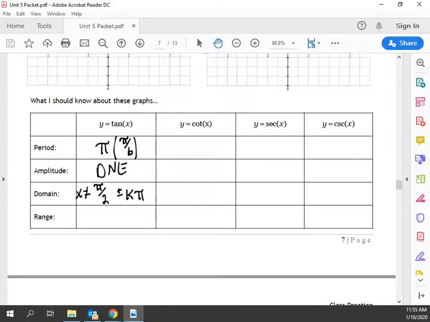That's what that means. Same thing goes on the negative side. So you can go negative 3 pi over 2, negative 5 pi over 2, and that's why the plus or minus is there. All right, range. Well, how far up does it go? Infinity. How far down does it go? All real numbers for range.